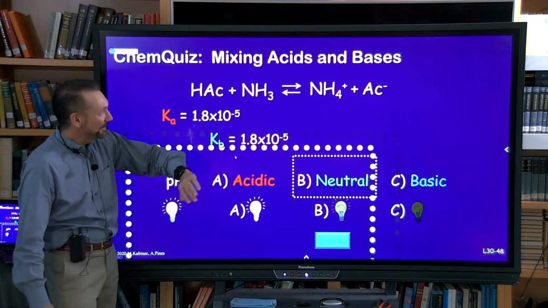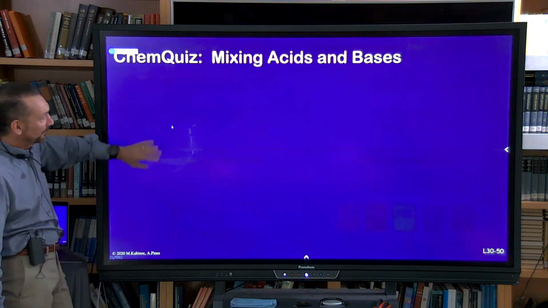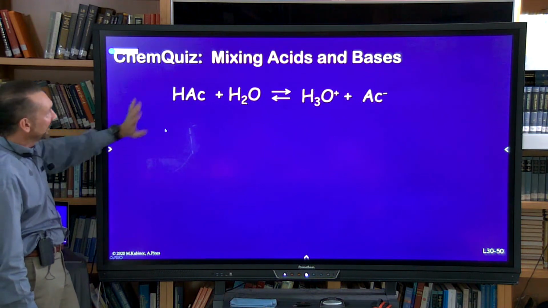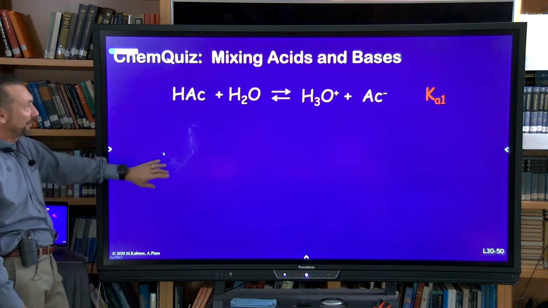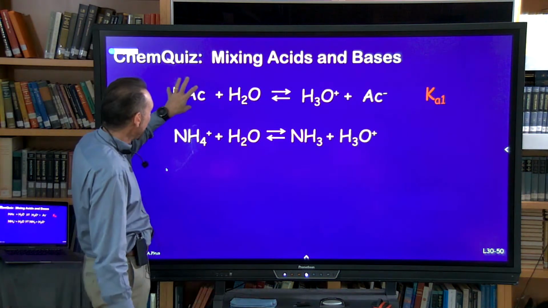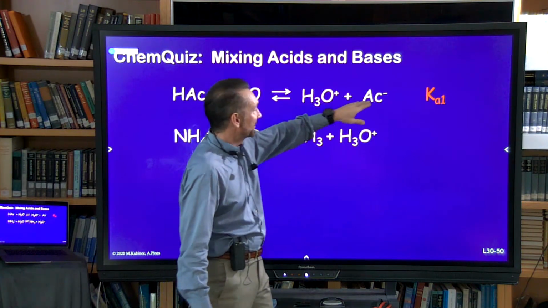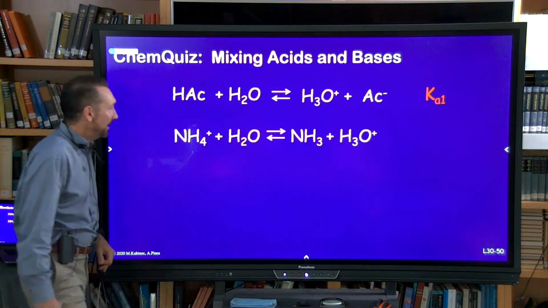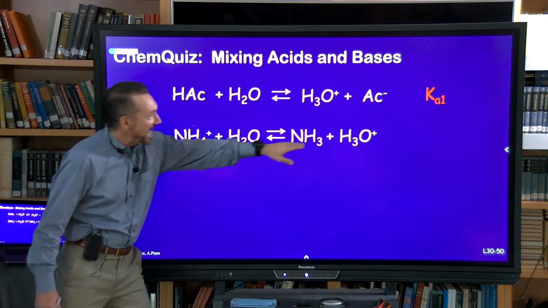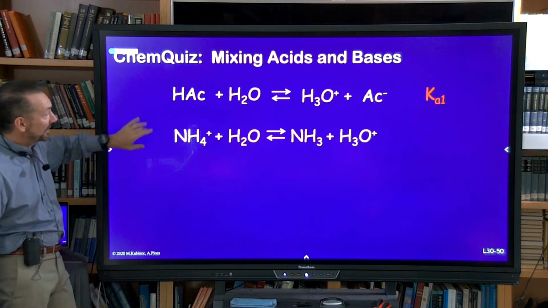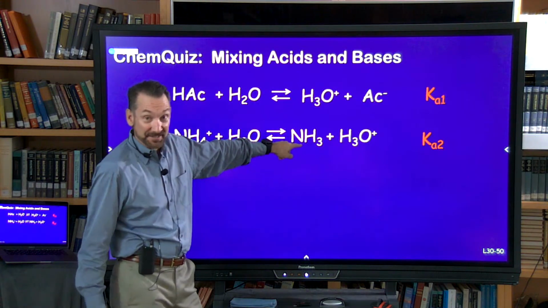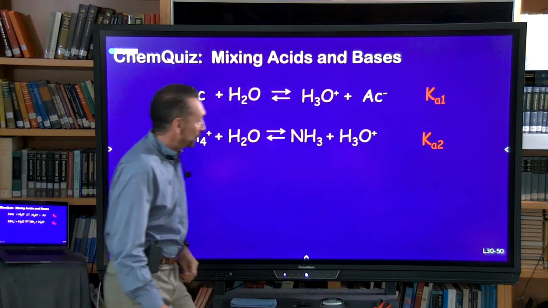So why was it a bright light? Yeah, we'll talk about mixing the acids and the base here. So here's the acid, and so I had HAC, H3O plus, and AC minus. That's Ka1. We were talking about this base here, but I've actually written the Ka reaction down there. So the Ka for that weak acid, whose conjugate base is here, is Ka2.